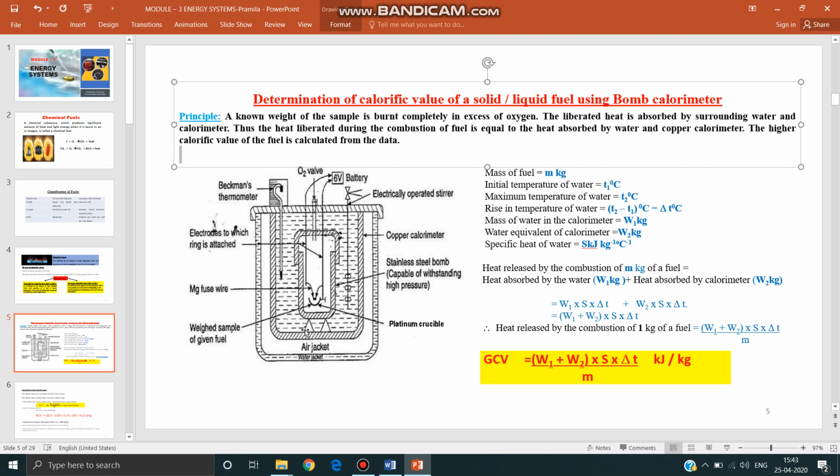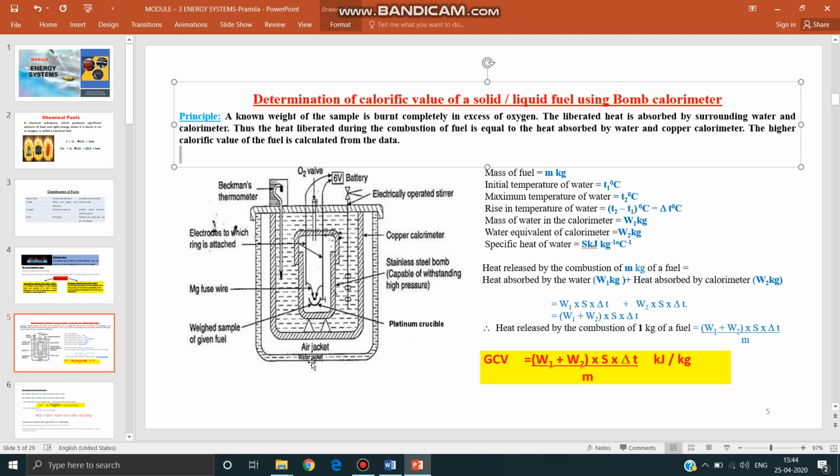Now this bomb is surrounded by a copper calorimeter containing a weighed mass of water. In this copper calorimeter we keep one electrically operated magnetic stirrer and also one sophisticated thermometer, the Beckman thermometer. This copper calorimeter is surrounded by an air jacket followed by a water jacket to minimize the heat loss.